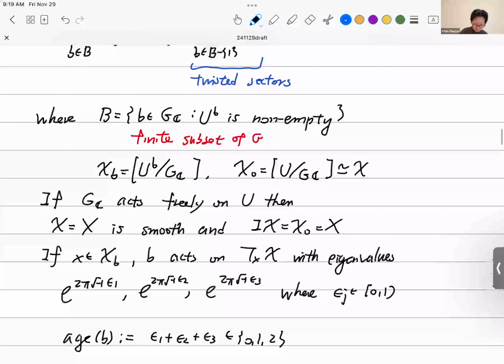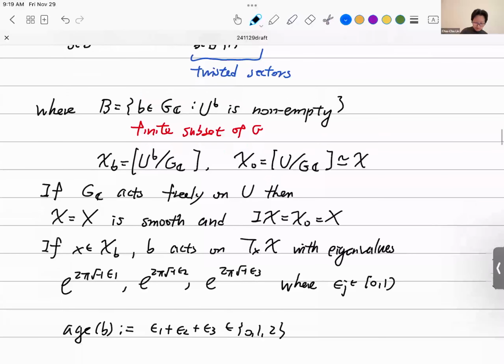In general, if you have a point in curly X_b, each curly X_b is a closed substack of curly X, because it is a fixed locus, so it's a closed substack. And also b is an automorphism of every point in X_b.